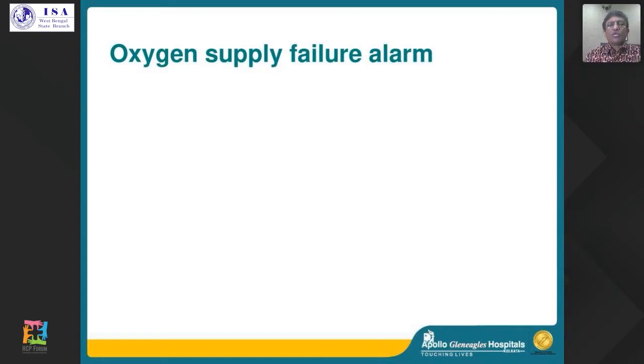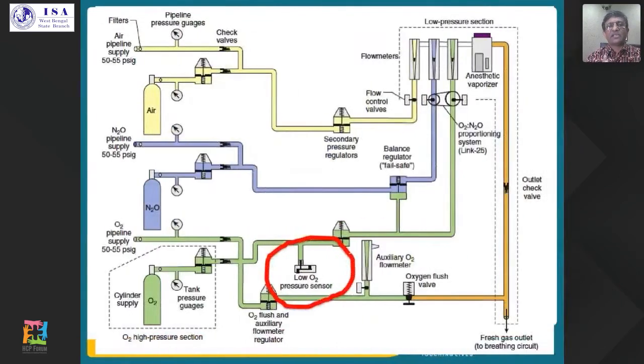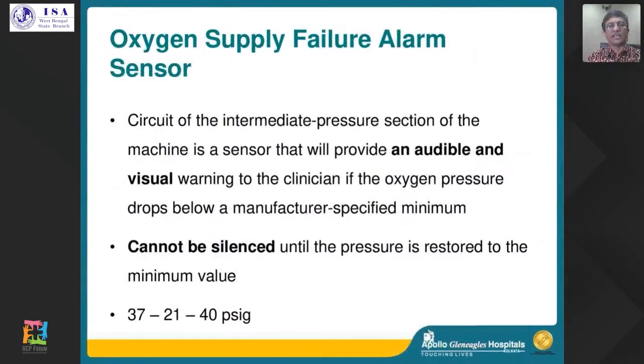So coming now to oxygen supply failure alarms, this is where you can see it here in the schema. This is where it is going into the machine, not the tube that is going towards the flush valve, and it is just before the secondary pressure regulator. So this is where the oxygen failure sensor alarm is positioned.